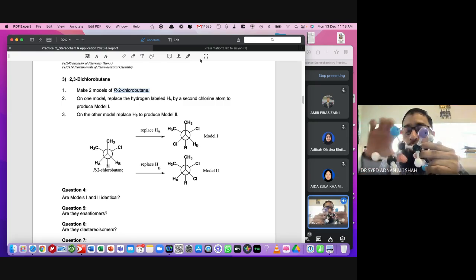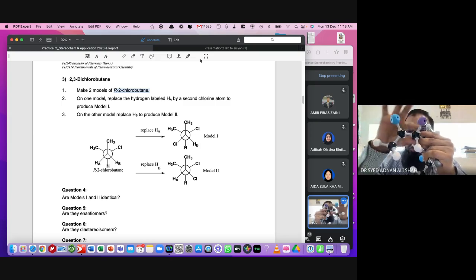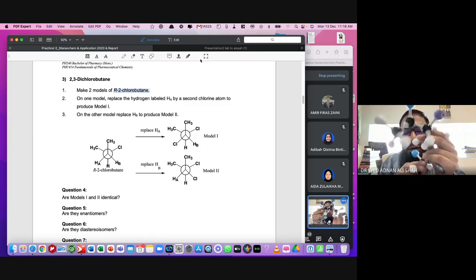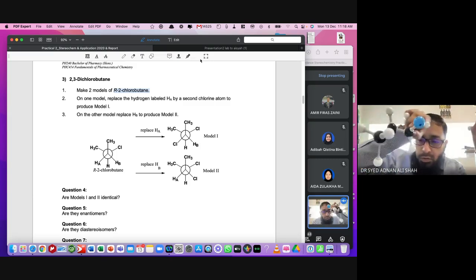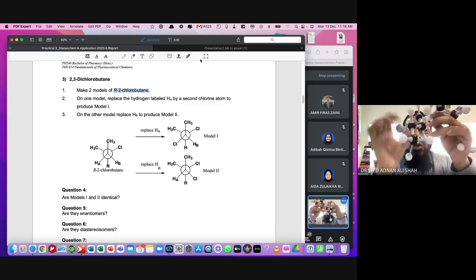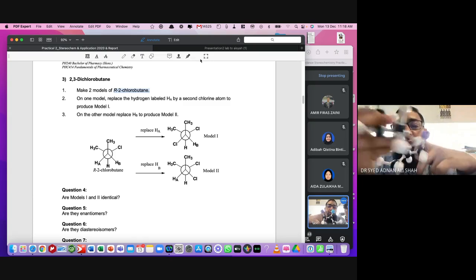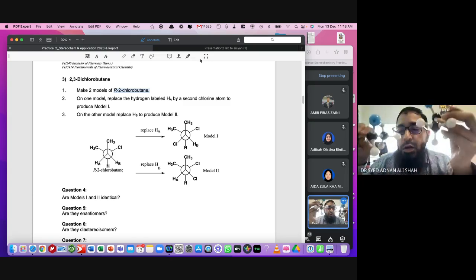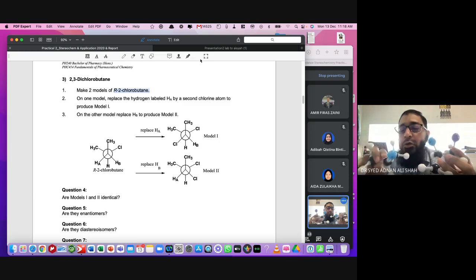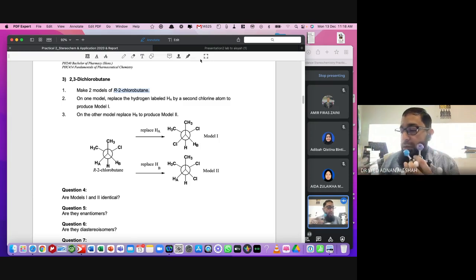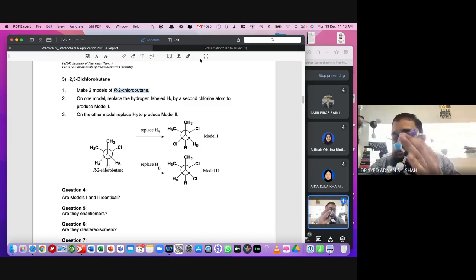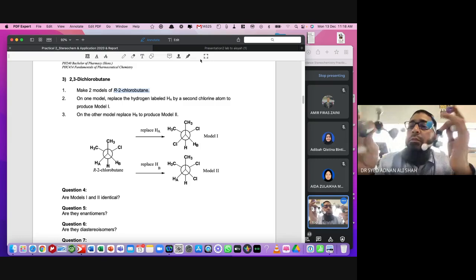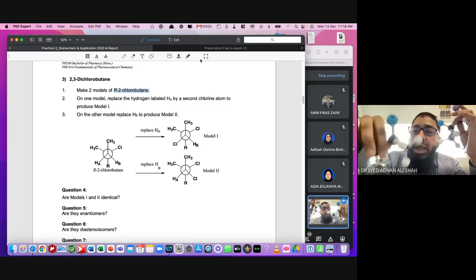CH3, 1, 2, 3, and 4. 2,3-dichlorobutane, right? So this one is also 2,3-dichlorobutane, this one also the same. In both models, we have substituted the different hydrogens with the chloride. Of course you can see here we have replaced the Ha, and here we replaced the Hb in this one.